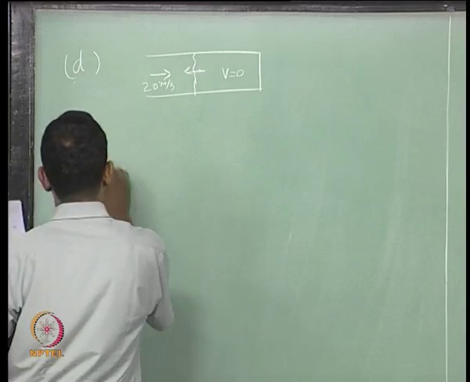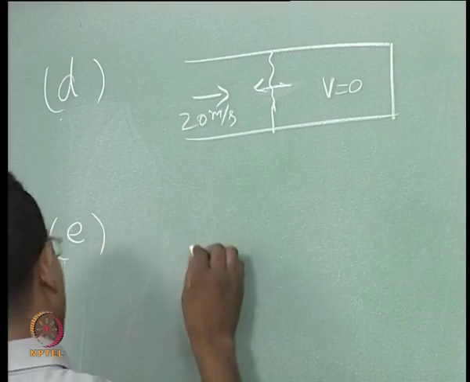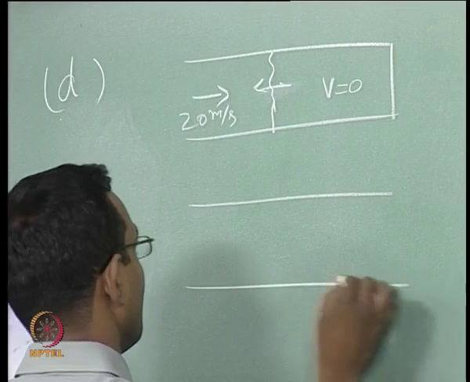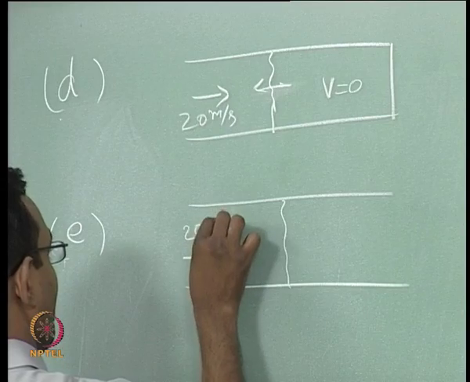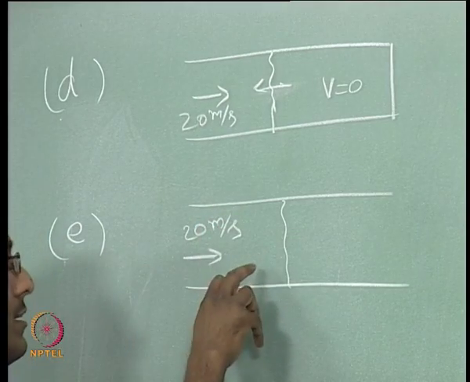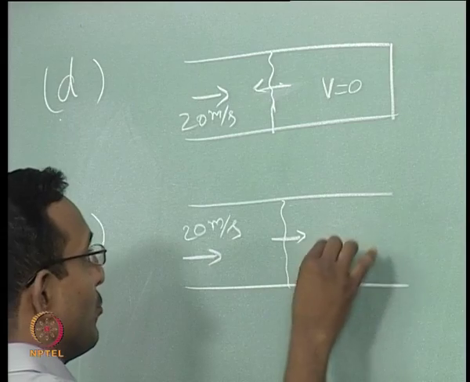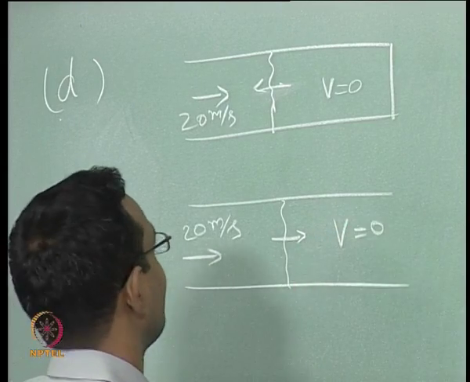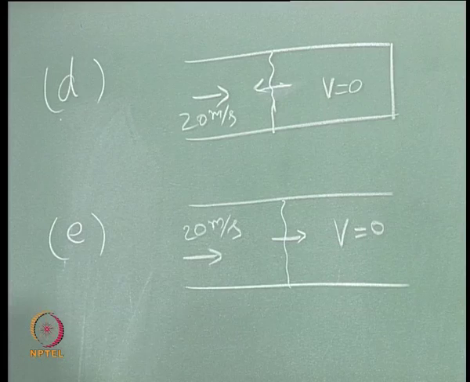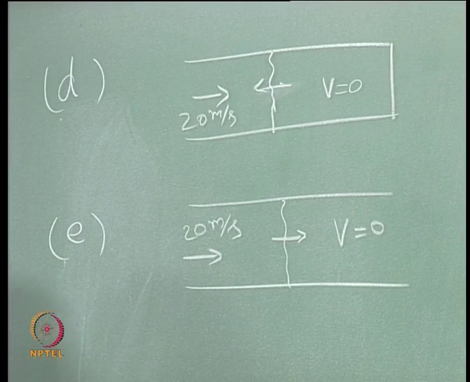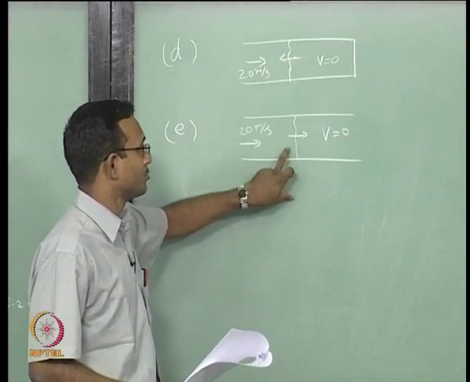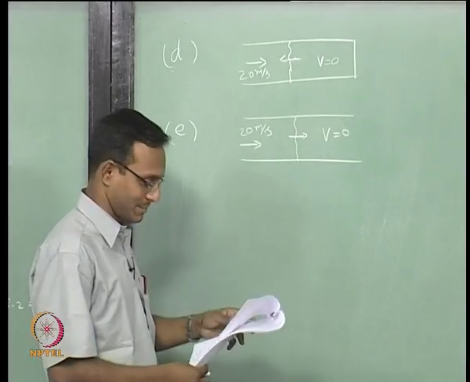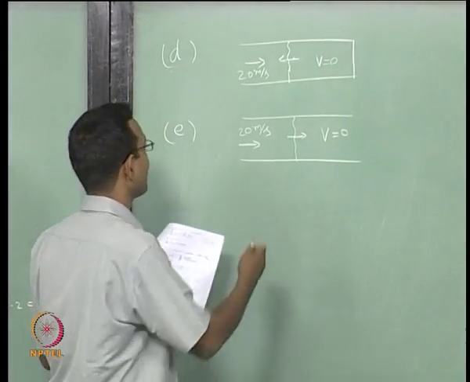This is the problem we saw, and in problem E, whatever we just solved, the problem is there is 20 meter per second flow coming, and that is the effect of this shock moving like this, and V equal to 0 here. It so happens that in both the cases delta V happens to be plus 20 meter per second. Okay. That is why you are getting the shock strengths to be exactly same, M1 and P2 by P1 are the same. Okay. Now, how are these two problems the same?